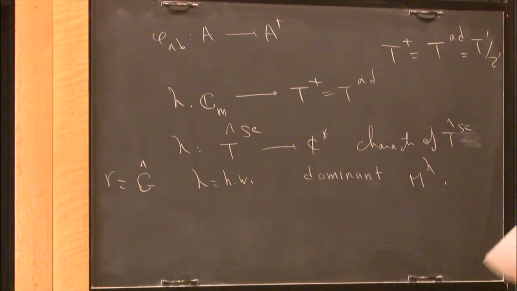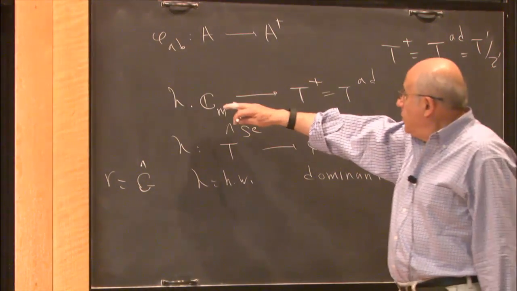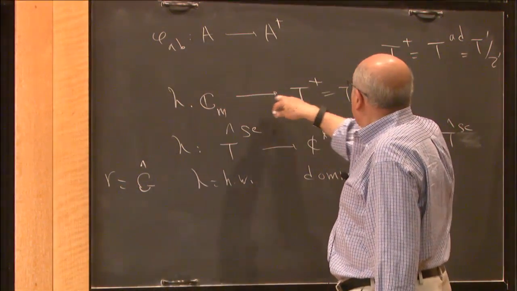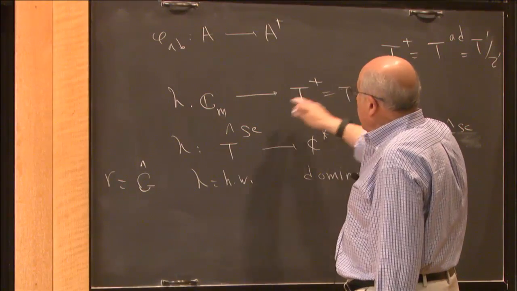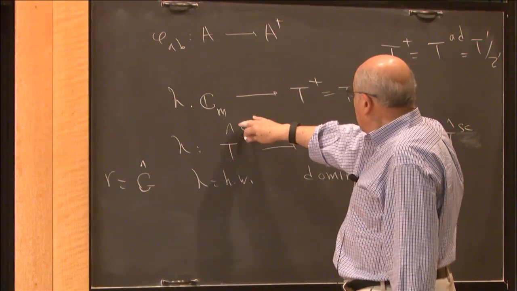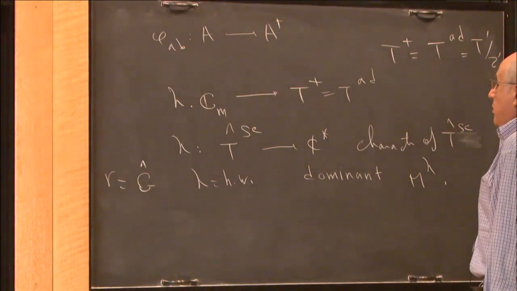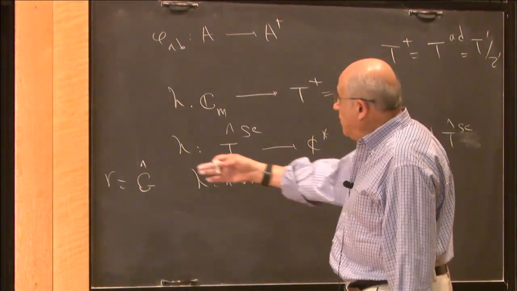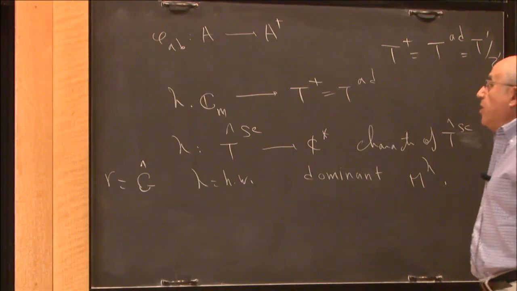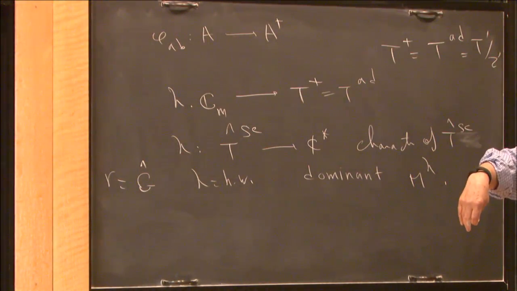So I can start with a co-character of T plus, which is T ad. I'll end up with a character of the dual setting, T check simply connected, and I'll assume that's the highest weight of my representation R. That will give me my M lambda through this construction.